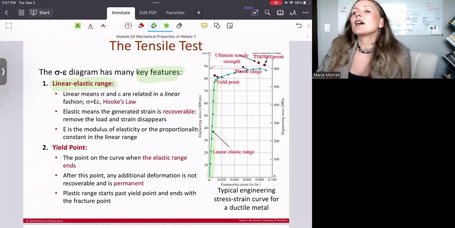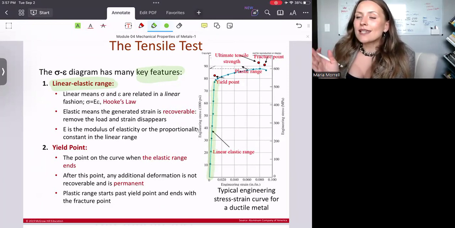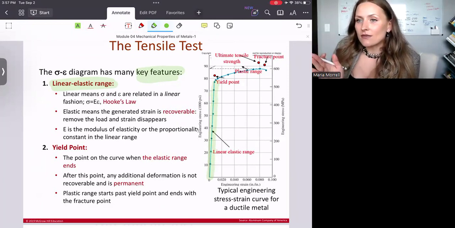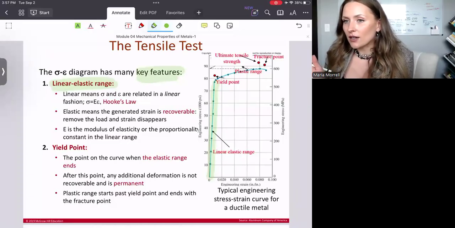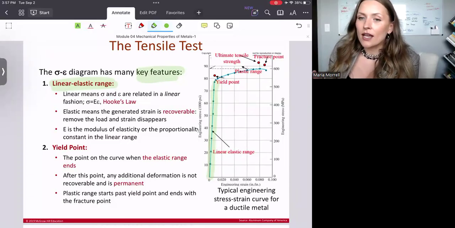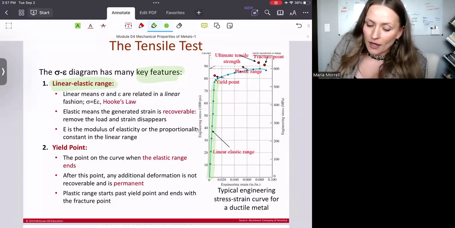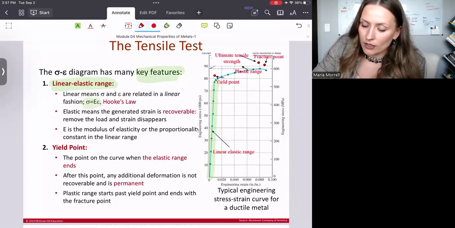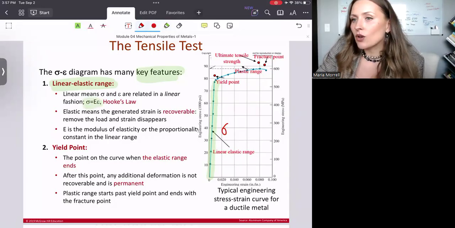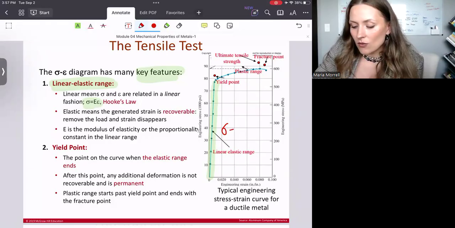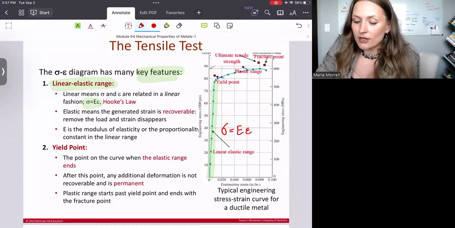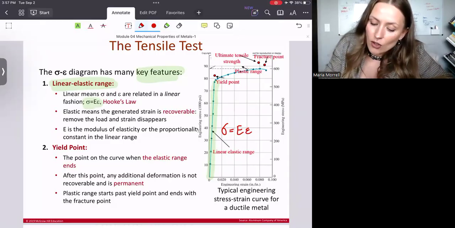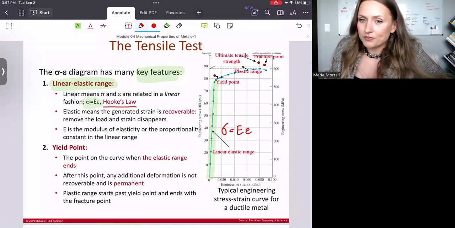You will notice that at some point, there is a linear dependence, a linear relationship between the stress and the strain, right? And if it is linear, you can use this law right here. That means your stress is equal to some kind of constant multiplied by strain. And this is also known as Hooke's law.